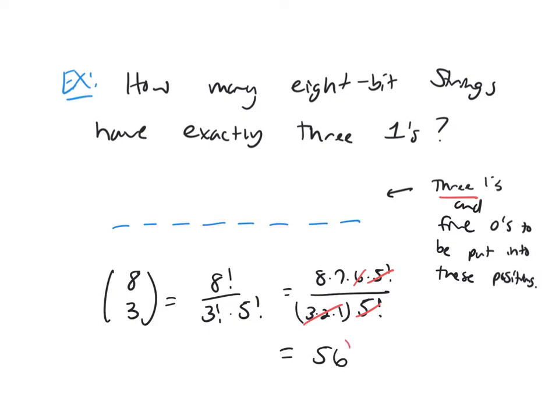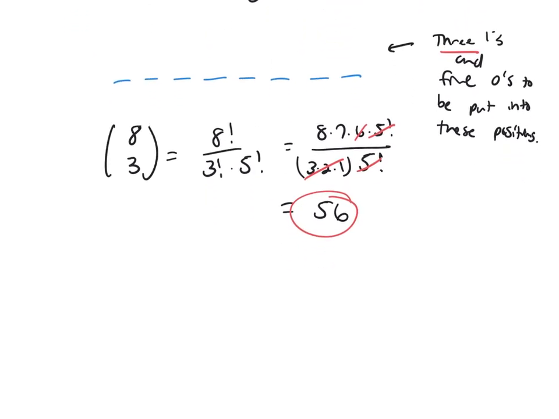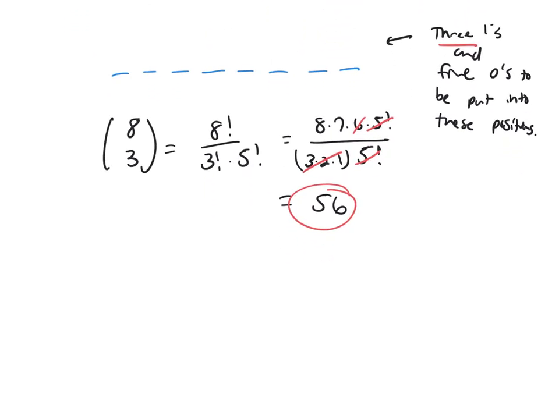So there are 56 8-bit strings that have exactly 3 ones in them. So now we're thinking about positions and placing numbers in these positions. And this is a really powerful idea because now we can look at those word problems where we arrange letters, but now where they have repeated letters.